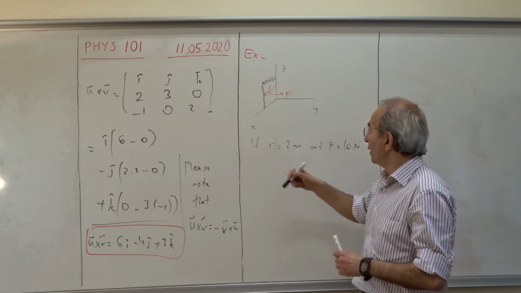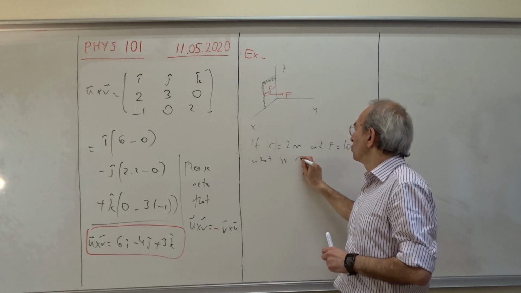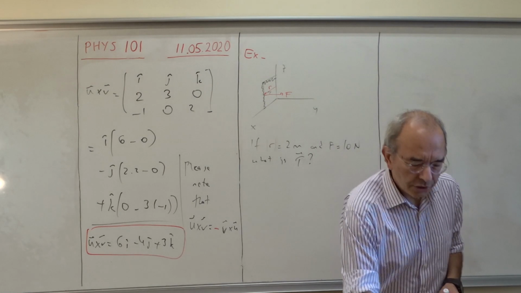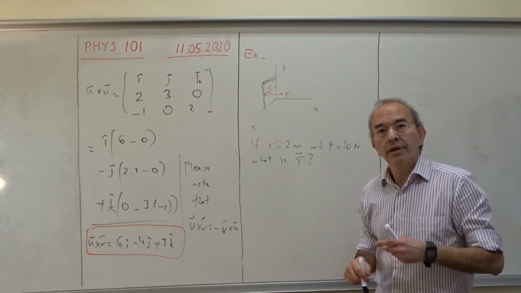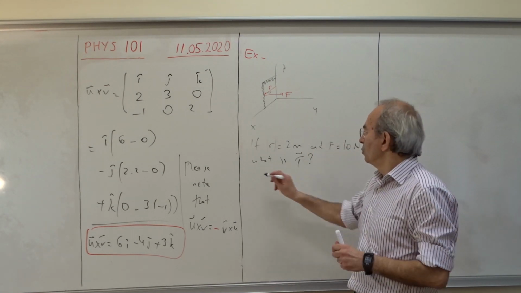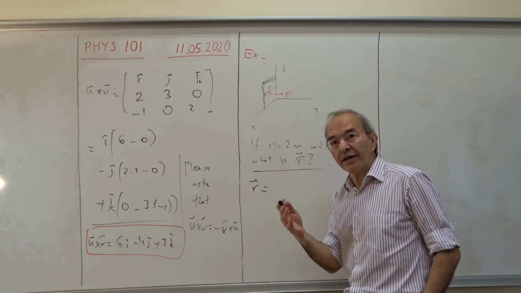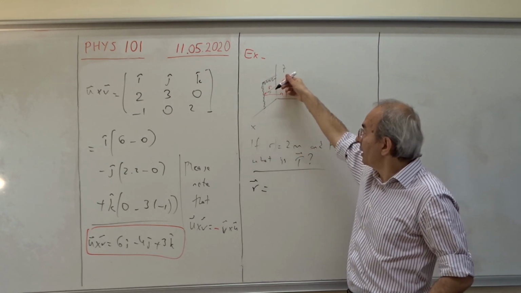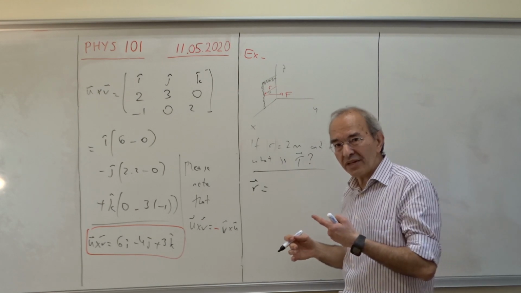And if r and F are these, what is tau, the torque vector? It is again easy to calculate, but you should first consider them in the related directions. So how do you write the r vector? This is the magnitude, but since this is the x-axis and r points in the x-axis, it should have unit vector i.